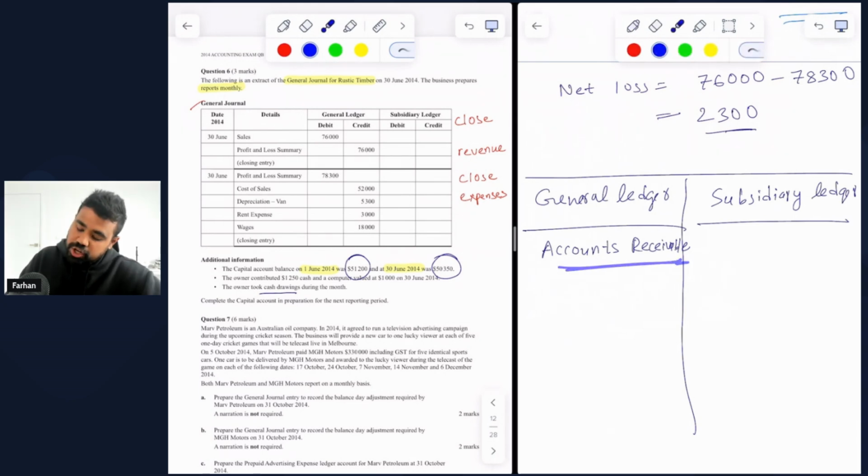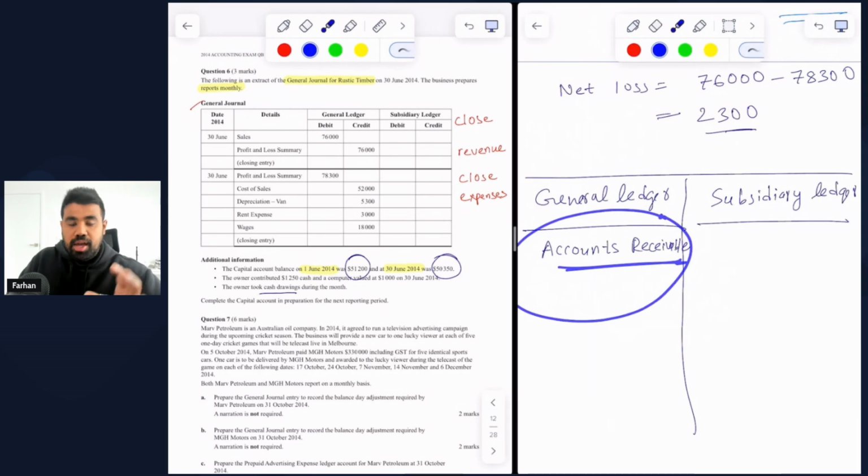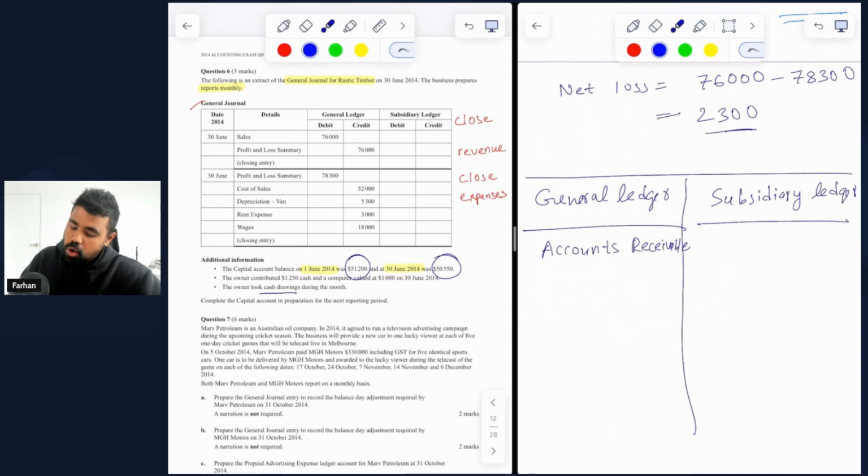In the general ledger, we show the summary of all transactions that we have conducted with all the credit customers of the business. So the accounts receivable or the sales ledger control account, which are the same thing.